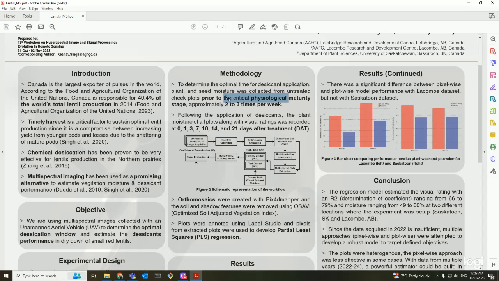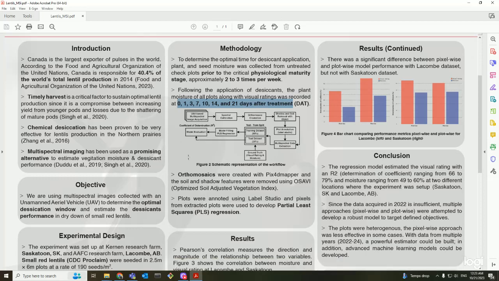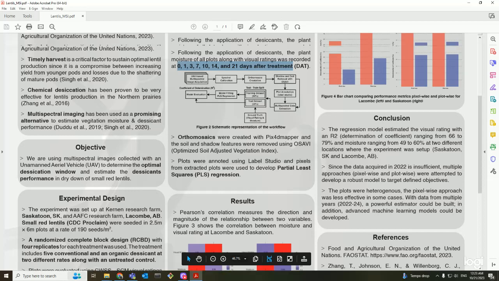We fly when the moisture content is approximately 60%, and we wait until the moisture content hits 30%. After the plant is at 30% moisture content, we spray them with the desiccant, and following that we fly to collect the data for our next objective on desiccant performance.